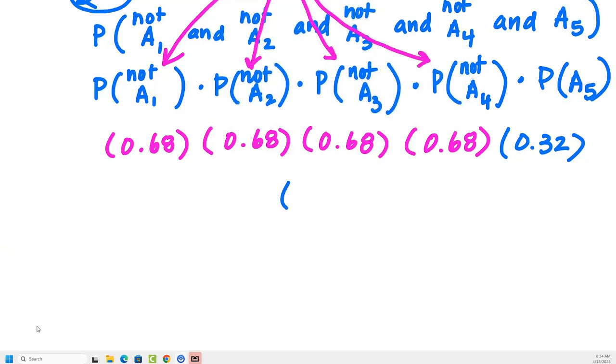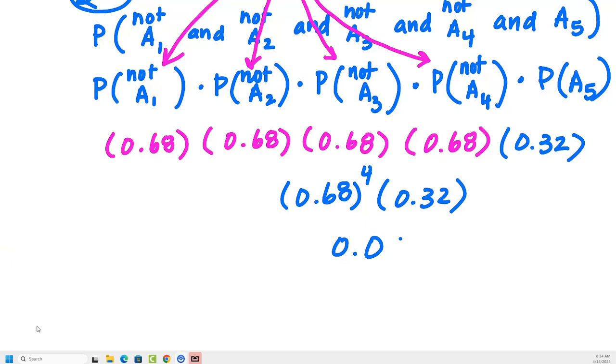So this is 0.68, and there's 4 of them, to the 4th power, times the 0.32. Now I have to stick that on my calculator, and when you do that, you'll get 0.068. So basically, you have a 6.8% chance that the first 4 calls are not from abroad, and the last one is.